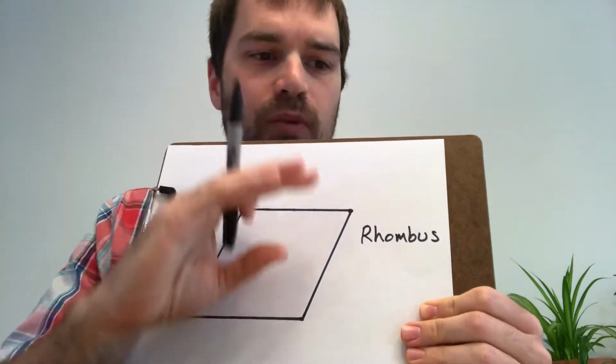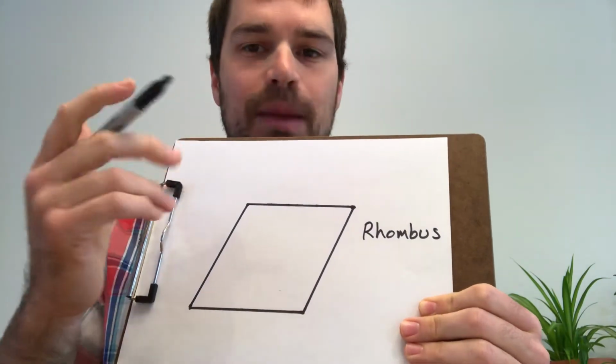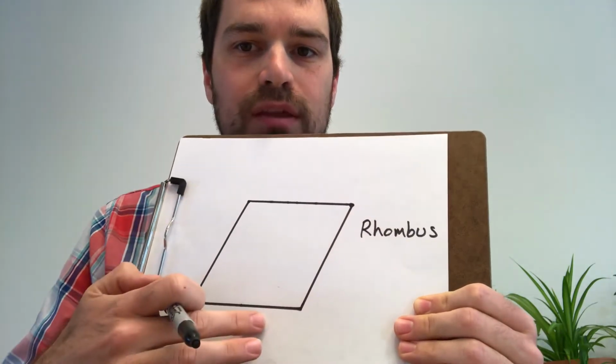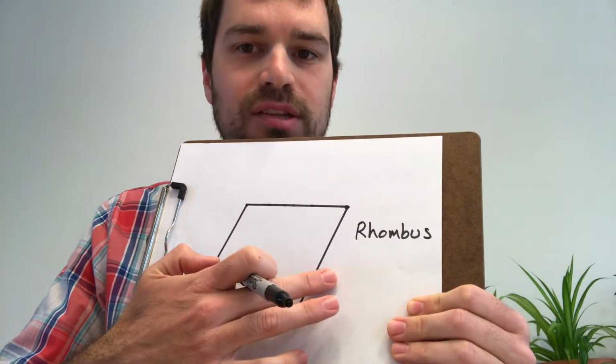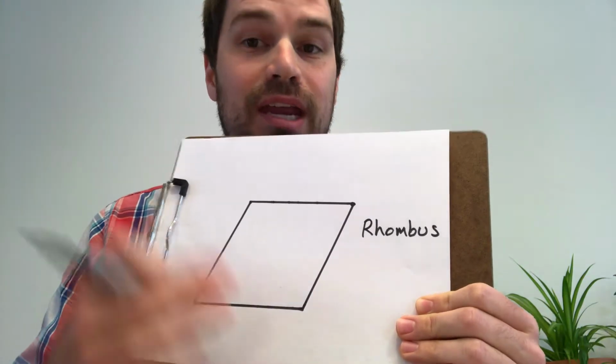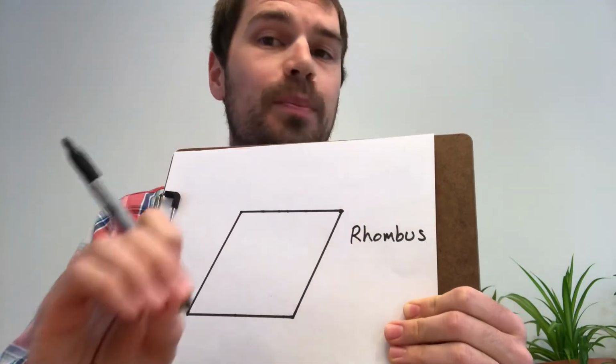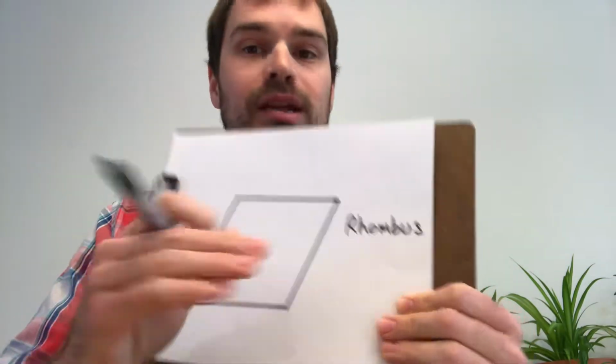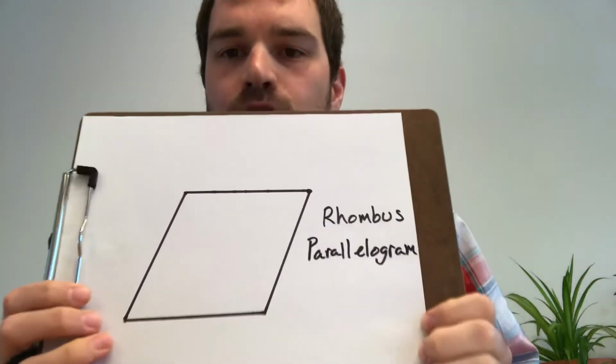Remember, the difference between a rhombus and a parallelogram is that a parallelogram only requires that the opposite sides are equal in length. This side could be a different length from that side, and it would be a parallelogram but not a rhombus. But since all four are the same length, it technically is a parallelogram as well. So I could write parallelogram down as well.